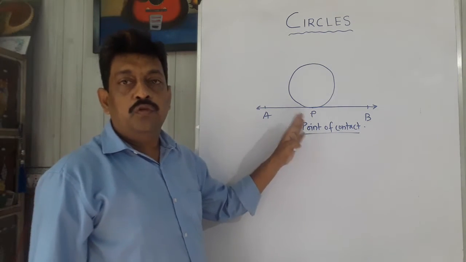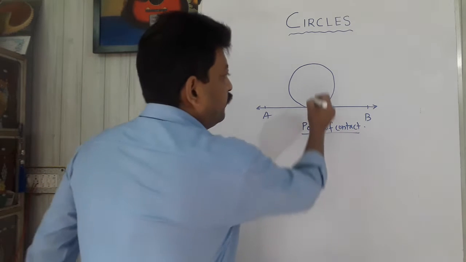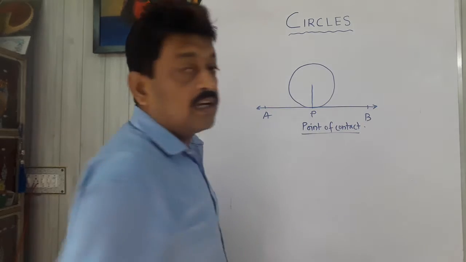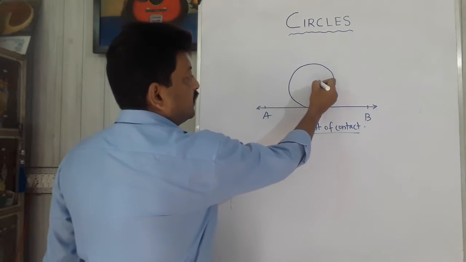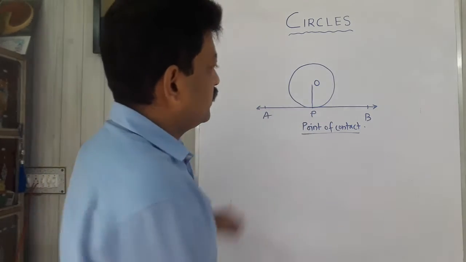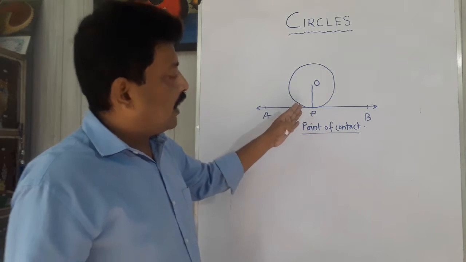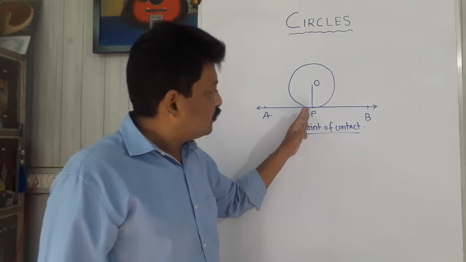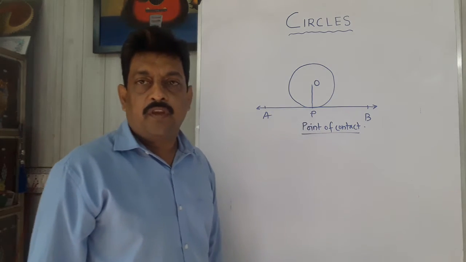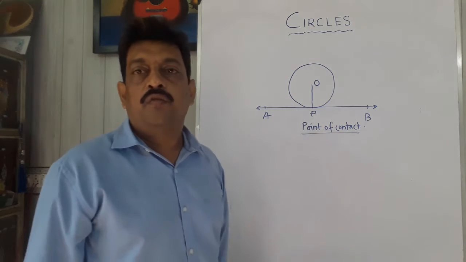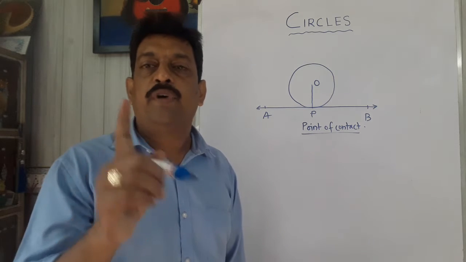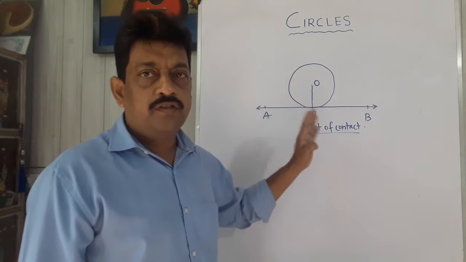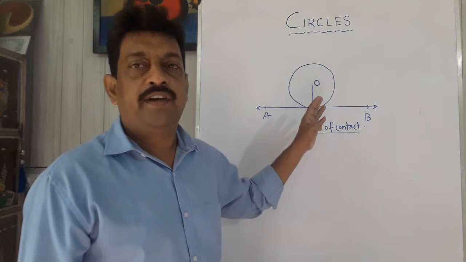Now, through the point of contact, suppose O is the center and OP is the radius. If a radius is drawn through the point of contact, then the radius obtained will always be perpendicular to the tangent. This is the first theorem related to tangent.